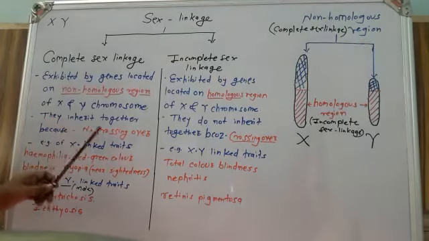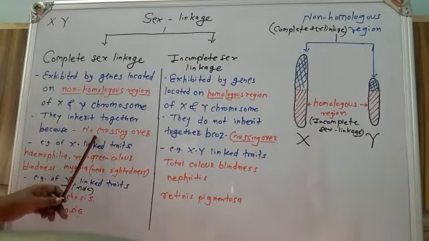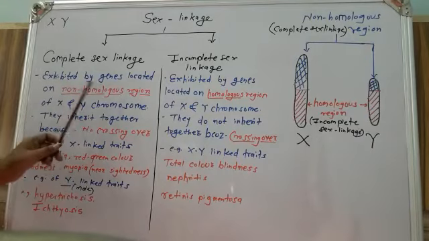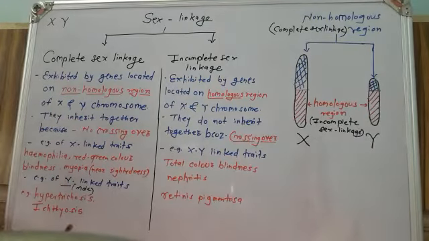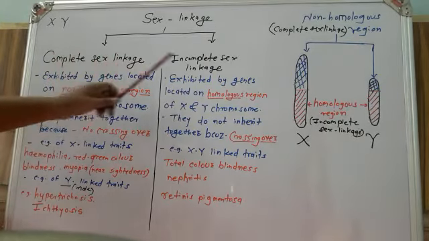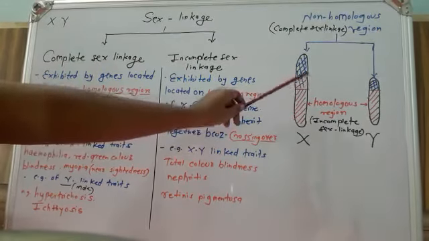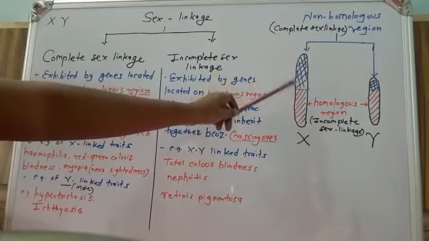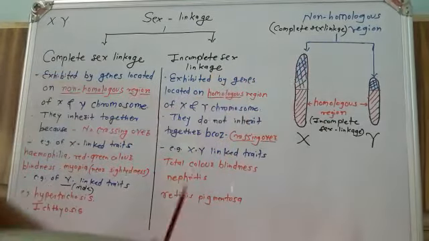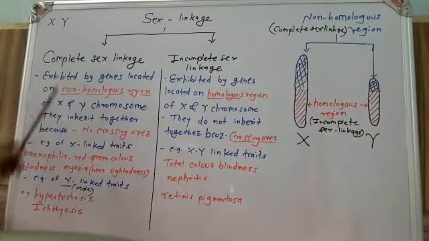So there is no crossing over, no exchange of genetic material on the non-homologous region of the X and Y chromosomes. So complete sex linkage is generally shown by the genes of the non-homologous regions.